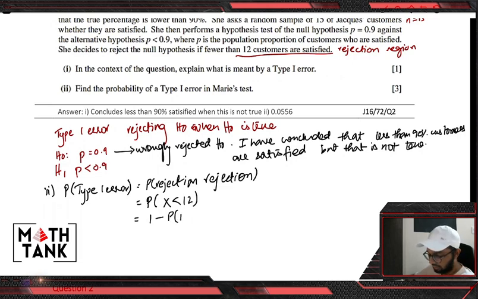So what I'm going to do is subtract 12, 13, 14 and 15 from my sum of probability, which is 1.